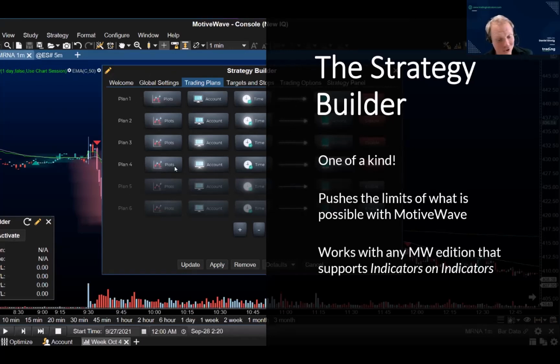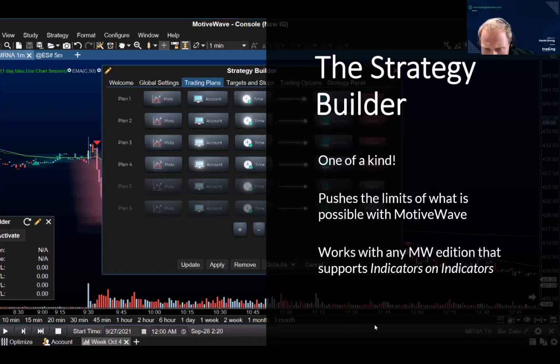Now, this was not easy, and a good chunk of our research has gone into this because it really pushes the limits of what is currently possible with MotiveWave. If you're familiar with the platform, you've probably never seen a window like this or a strategy like this with widgets and interactivity. Well, we figured out a way to add it on, and this has now resulted in the strategy builder for MotiveWave.